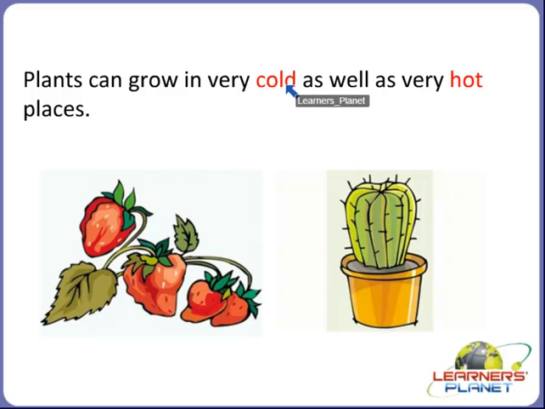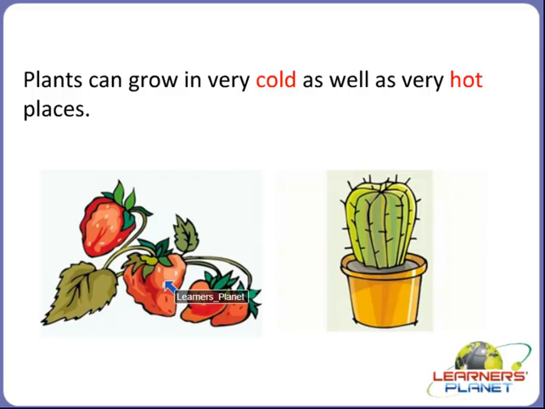Plants can also grow in very cold as well as very hot places. For example, this is a strawberry plant which grows in very cold region, and this is a cactus plant which grows in very hot region.